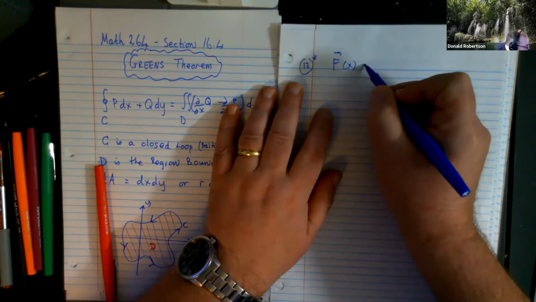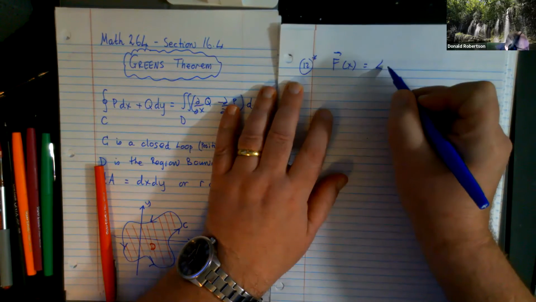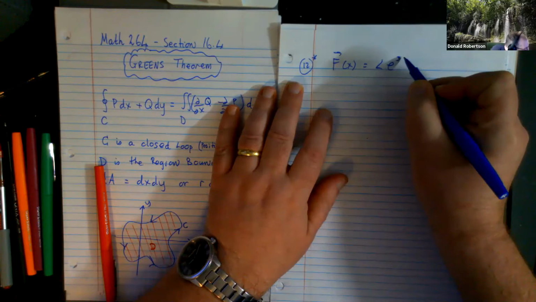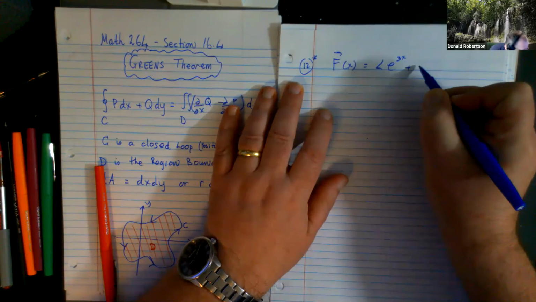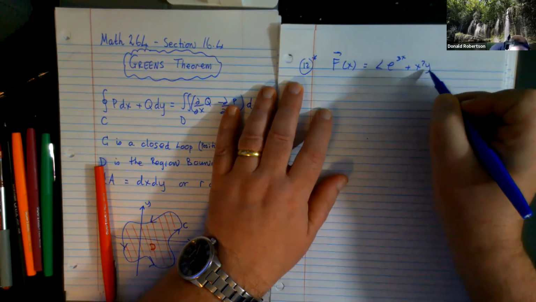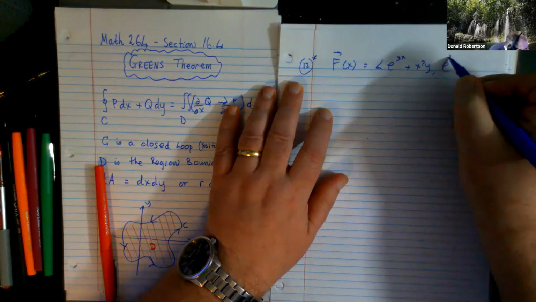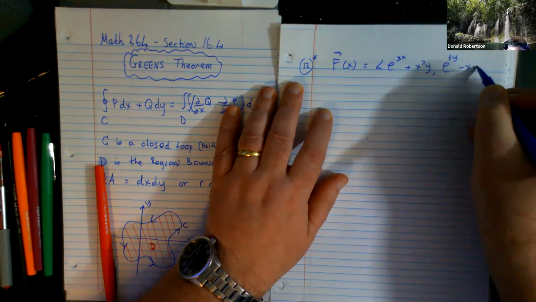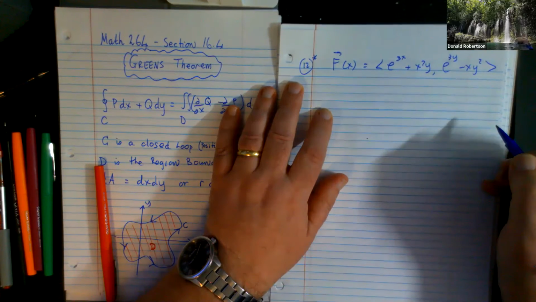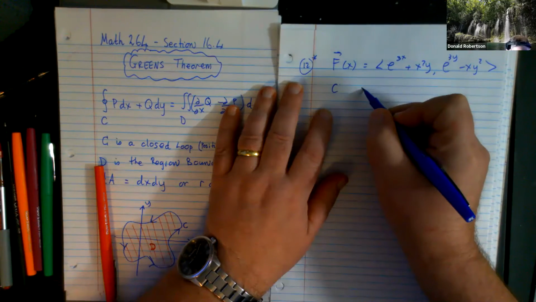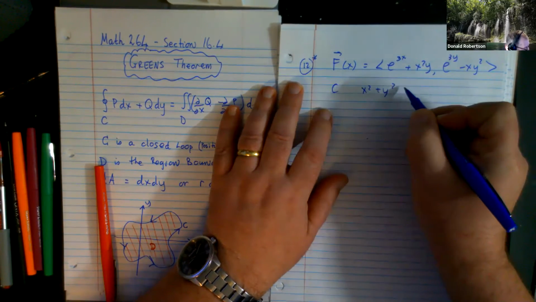The information is given by telling us what the vector function is, the vector field. Right, that's it. And C is the circle x squared plus y squared equals 1.